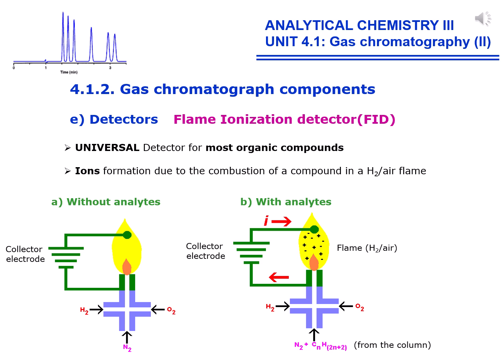However, when analytes come out from the column, ions will be formed in the flame, being conducted by means of an electric field applied to a collector, and the electric current produced will be measured. The more carbon atoms the molecule has, the more fragments will be produced, and the more current the detector measures.